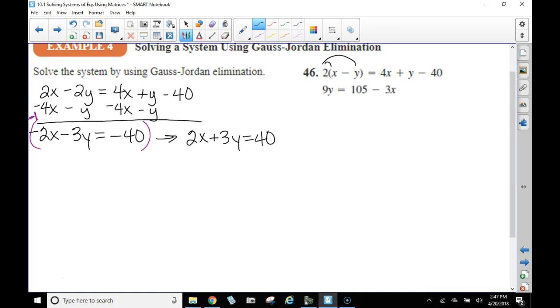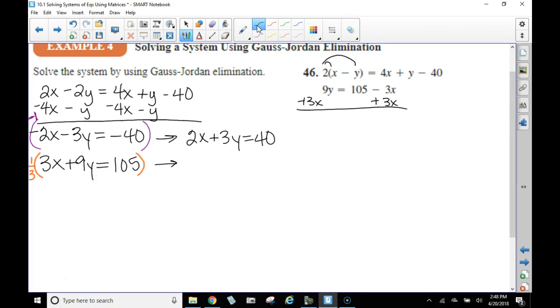All righty. Now, on this next equation, I'm going to add 3x to both sides of my equation. And so that's going to give me 3x plus 9y equals 105. You know what I'm noticing? Everything there is divisible by 3. Now with our elementary row operations, we would be saying, take a 1/3 times row 2 to get a new row 2.